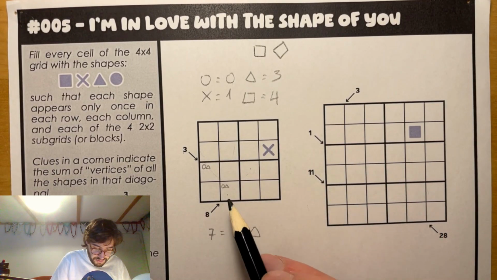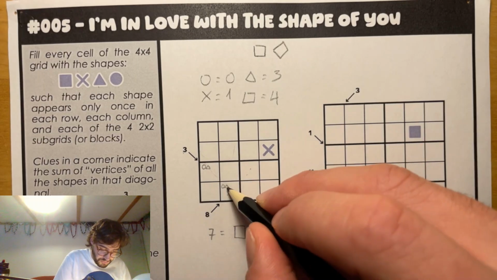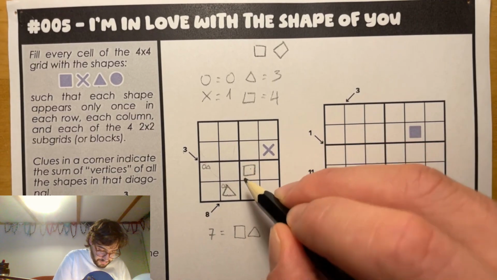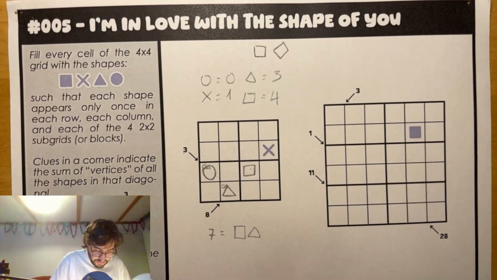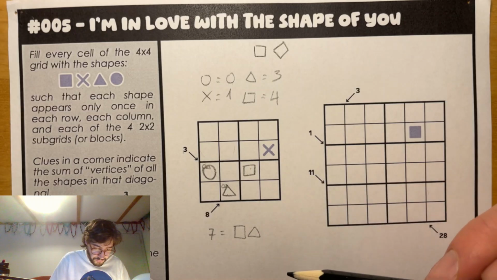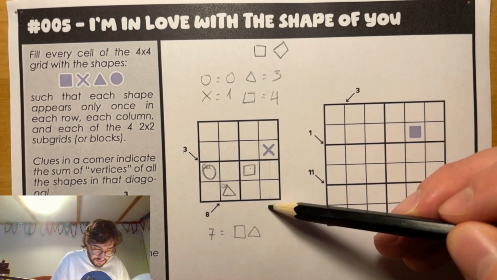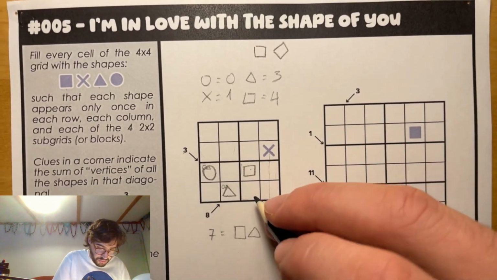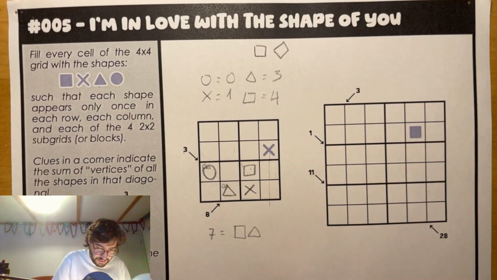Now here there can only be a triangle, so this is going to be a triangle, this is going to be a square, this is going to be a circle, and I think now I can do some other crazy things. So if there is an X here, that means that on this block I will need to use another X, like so.